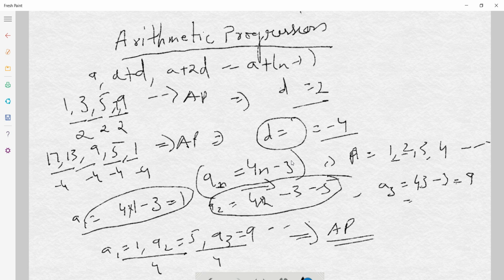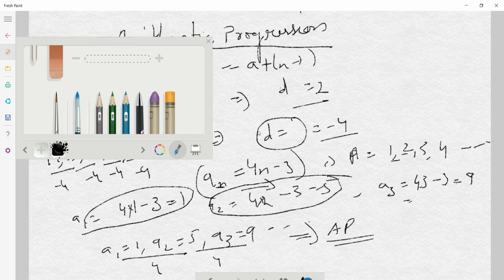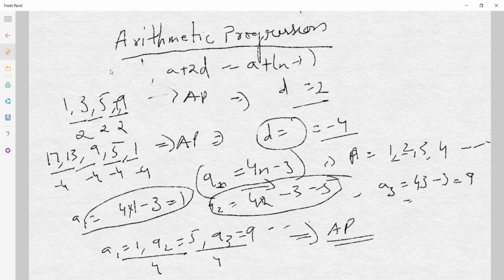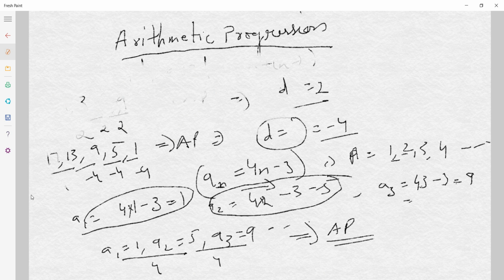All right, we're going to do more exercises just to make it clear for you. So let me clear this one. I hope it's easy, because AP is the easiest thing to do, and you can use it in real life as well.